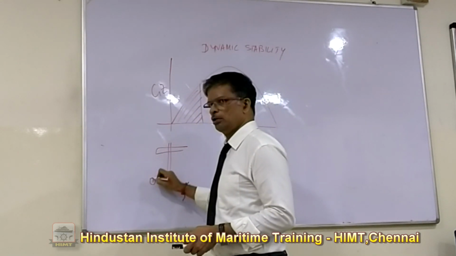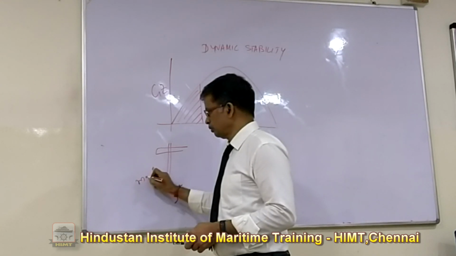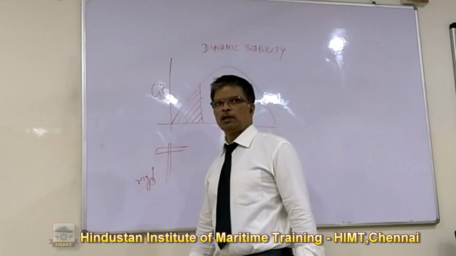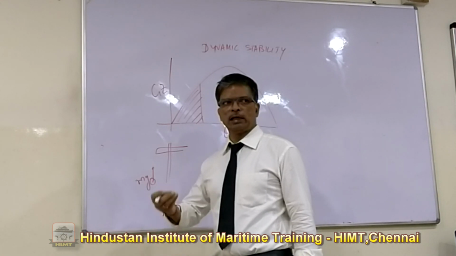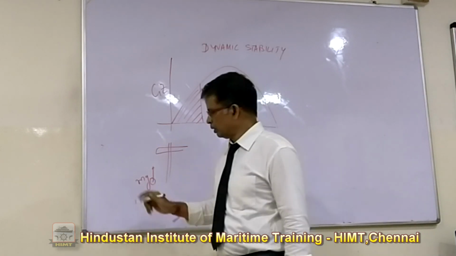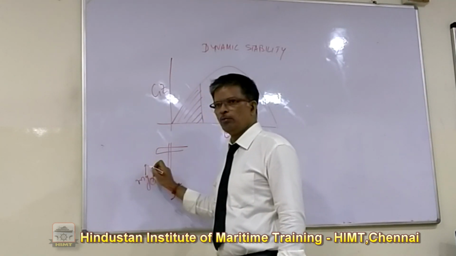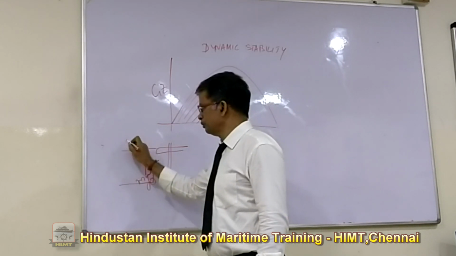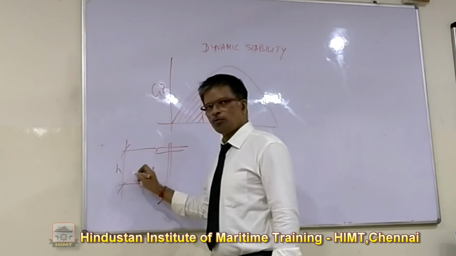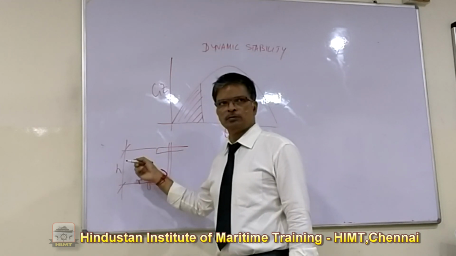M into G is the minimum force you have to apply. Okay? That is called, it will move without any acceleration. At uniform speed it will come. But that is the minimum force you apply. M into G multiplied by height, force into distance, is the work.